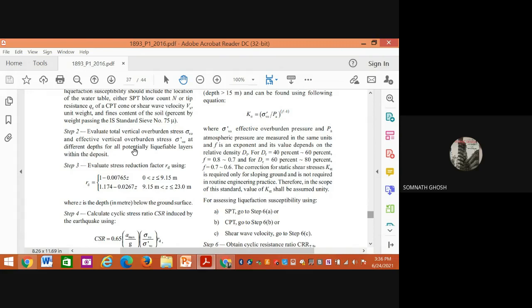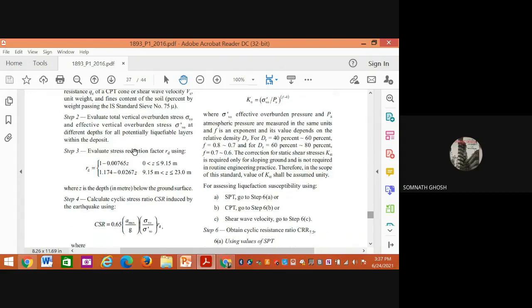That means in the upper part, the overburden stress is less. As you go to the lower part, the overburden stress is more. So that has an effect in the ultimate analysis. And to get the overburden pressure is not an issue, because you know the density of soil. If you just multiply by depth, you will get it. That is not at all an issue. Okay.